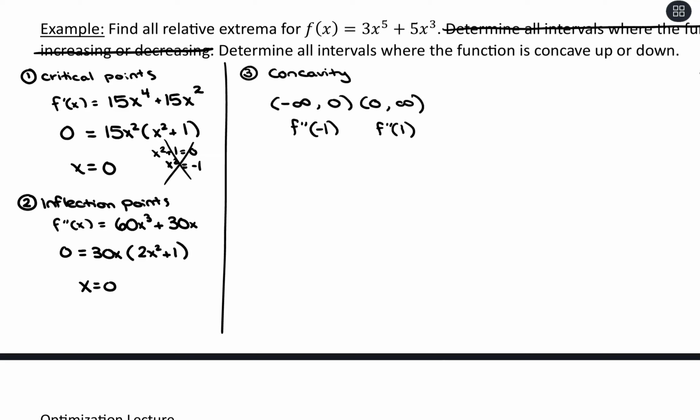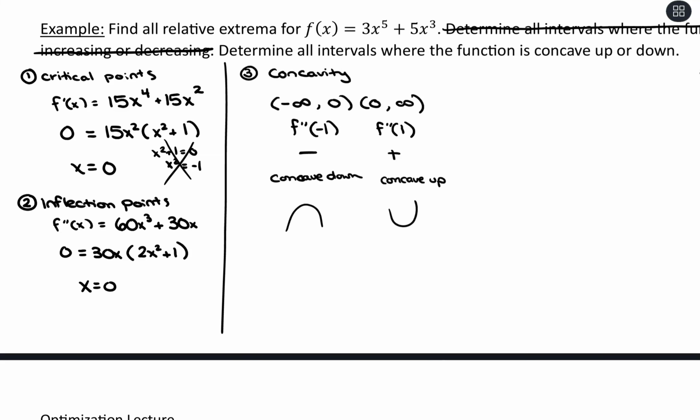If I plug in negative 1 to our second derivative, that'll be negative 60 plus 30, so that's going to be negative, so that's concave down. And then if I plug in positive 1, that will be positive, so concave up. So we're doing something like this, and then switching to something like that.